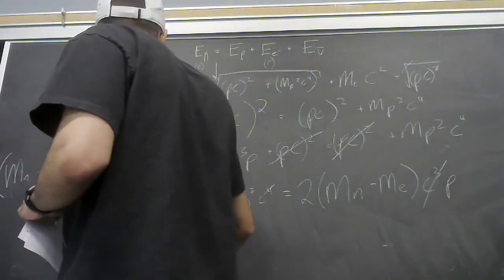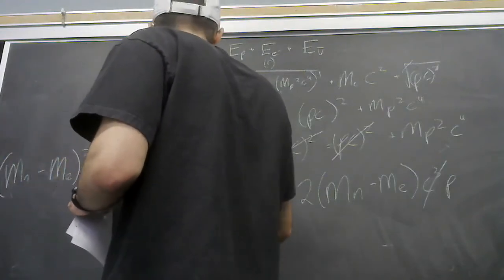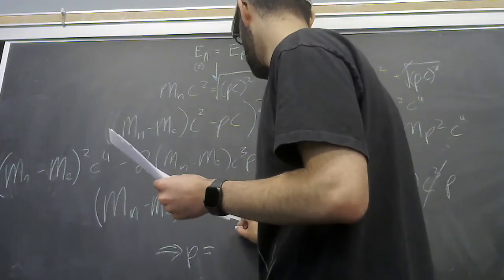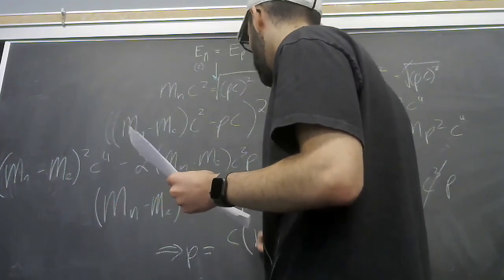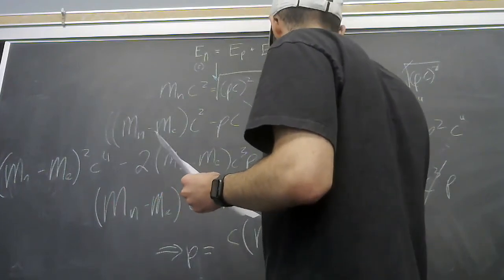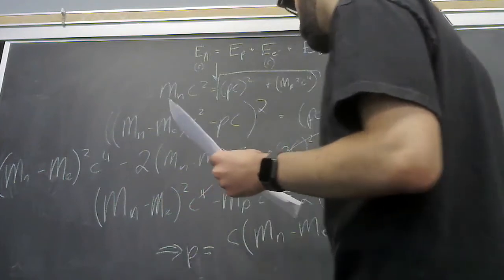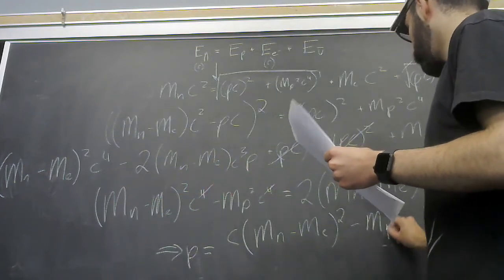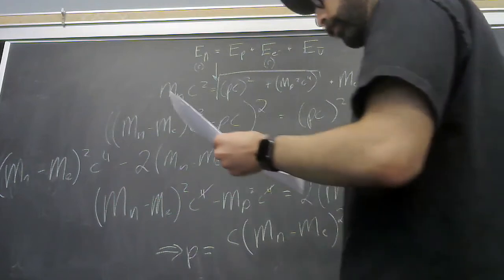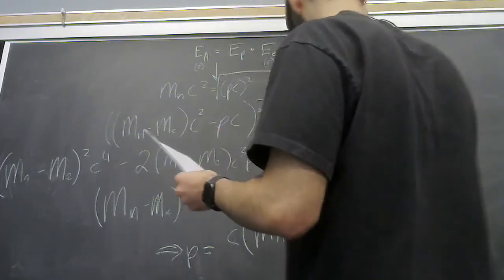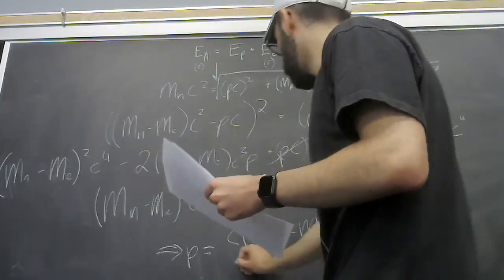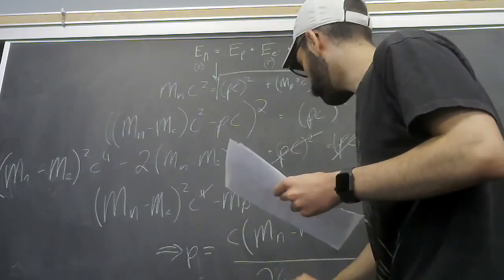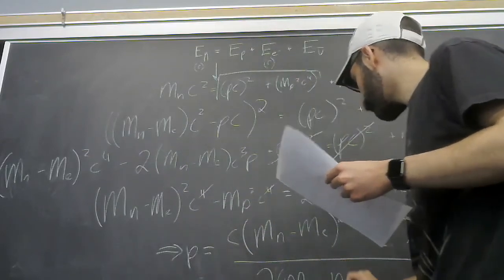So what is that going to look like? p is going to be equal to c times ((mn minus me) squared minus mp squared), divided by 2 times (mn minus me).